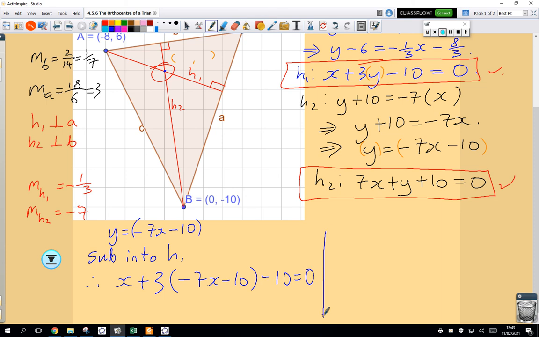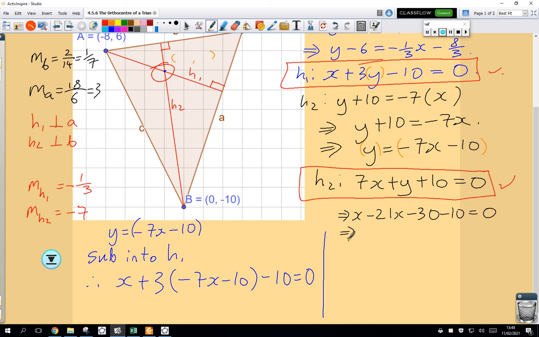Let me finish it off over here on the right hand side. So distributing across your bracket, remember both terms have to be multiplied by positive 3. So I'm going to get x, 3 times negative 7x, that's minus 21x, minus 30, minus 10 equals 0.